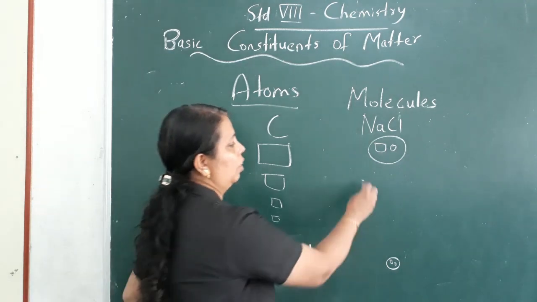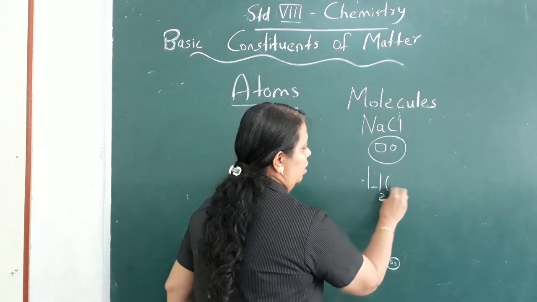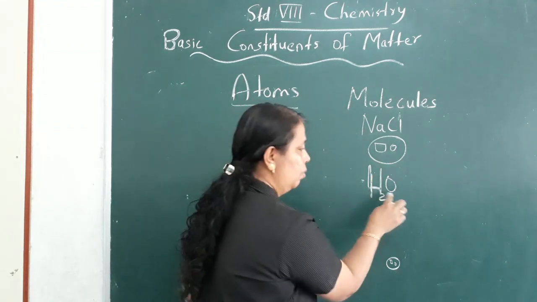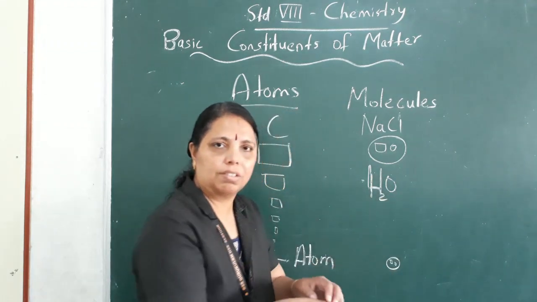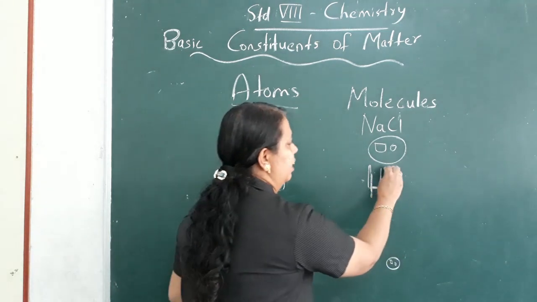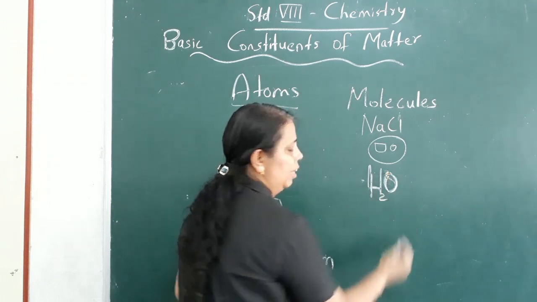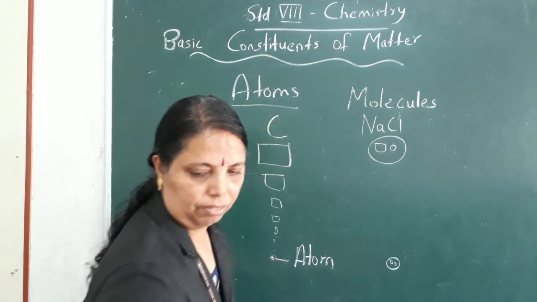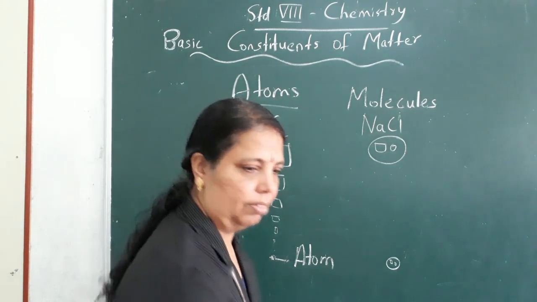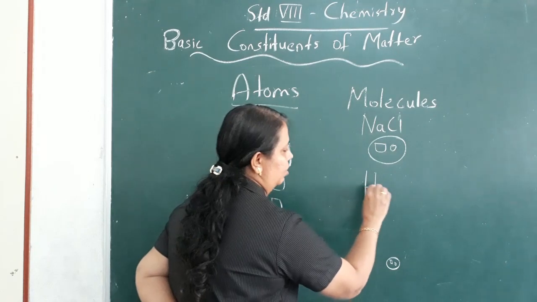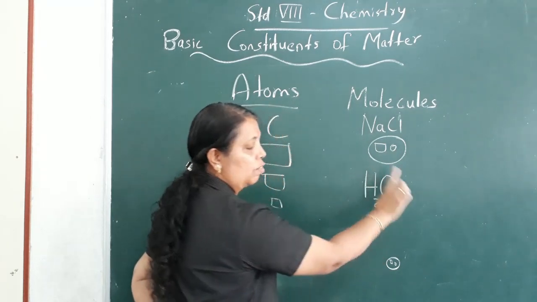Now if I am taking the compound water, water contains hydrogen and oxygen, right? So this is a compound because it is made up of two elements, hydrogen and oxygen. This is the symbol for hydrogen and this is the symbol for oxygen, I will write it again for you. This is hydrogen, this is oxygen, this is water.